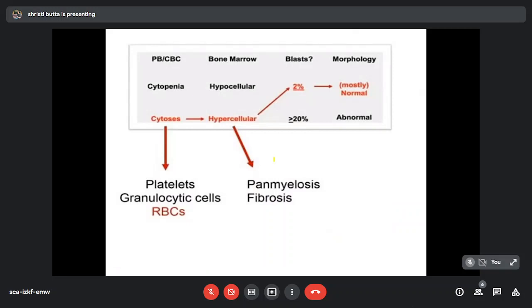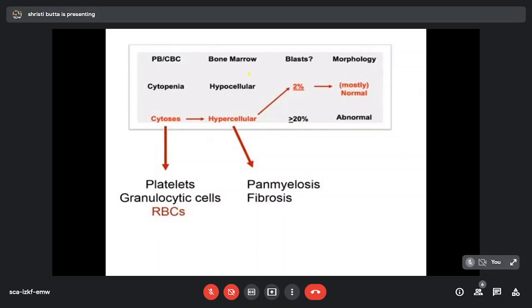Now coming to another case scenario. Look at this: we have cytosis, basically in the erythrocytes, that is the RBCs. There is increased cytosis in the peripheral blood, with an increase in the erythrocytes.